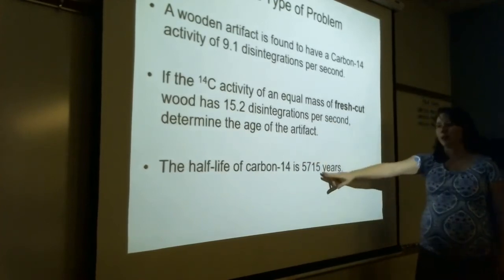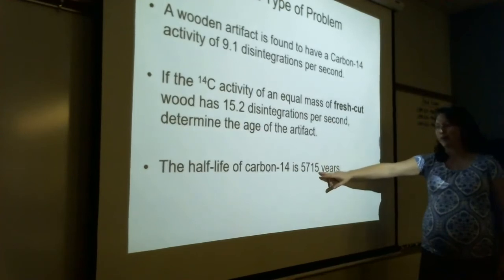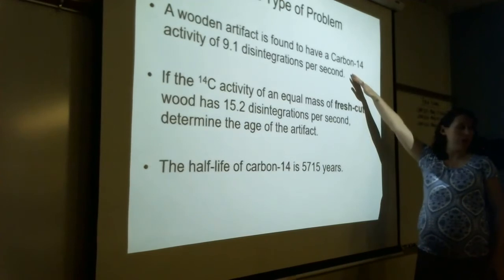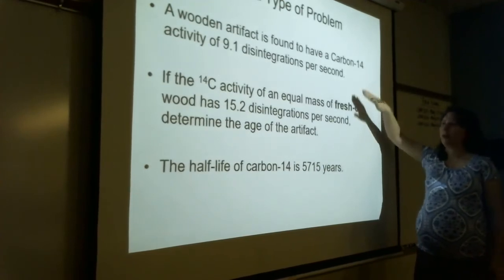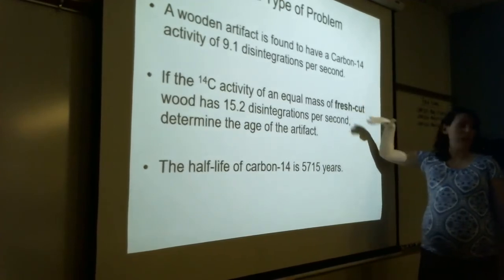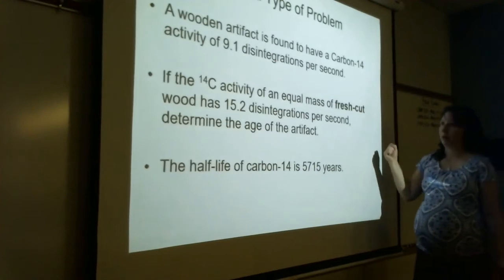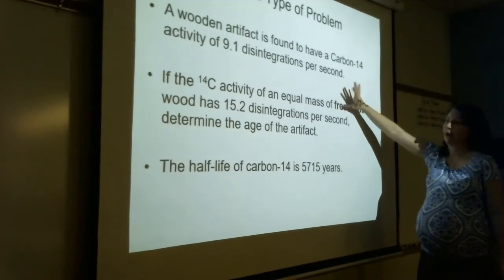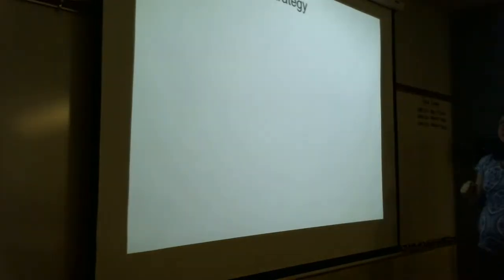And again, you need to know the half-life. Half-life is 5,715 years. So we're comparing an old artifact to a sample that we have of modern, right? So that we can see, okay, how much is the rate changing? And then we can figure out how old it is.